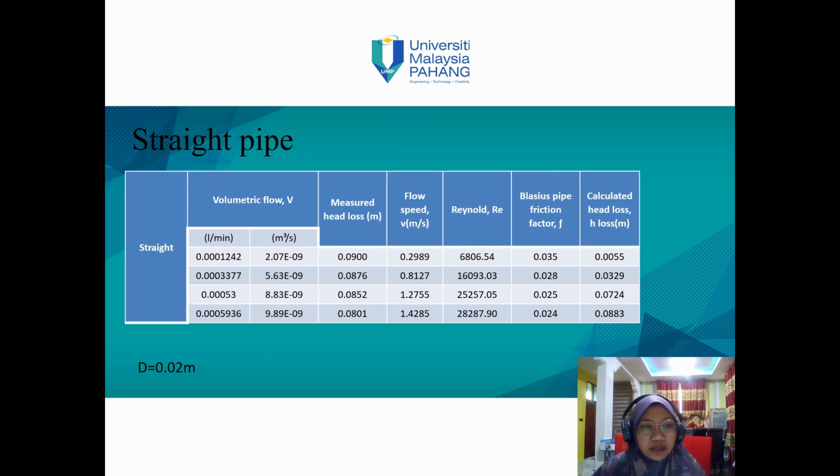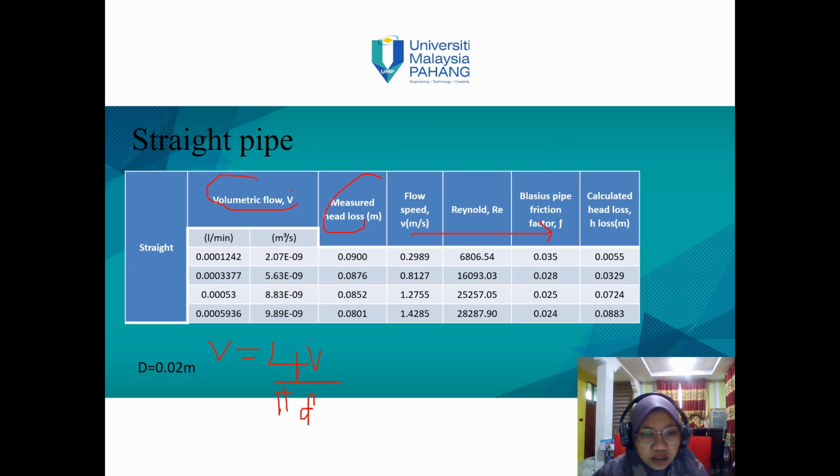Next, we have the straight pipe data. From the previous slide, we have the volumetric flow V dot and then the measured head loss. So the rest of it we calculate by the given formula. The flow speed, which we call the velocity, we calculate using the formula V equal to V dot over pi d squared.